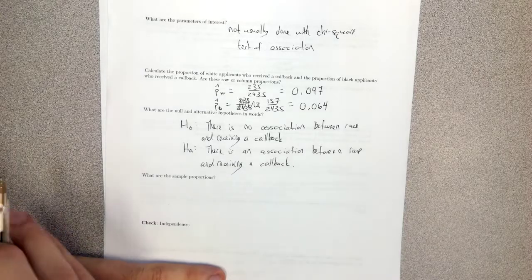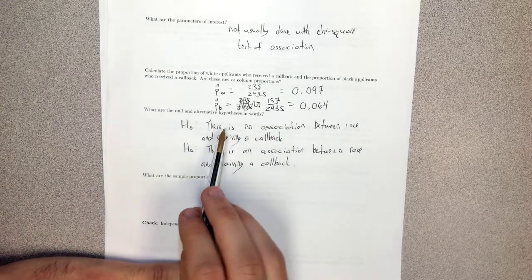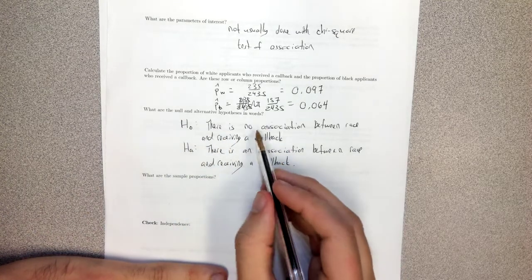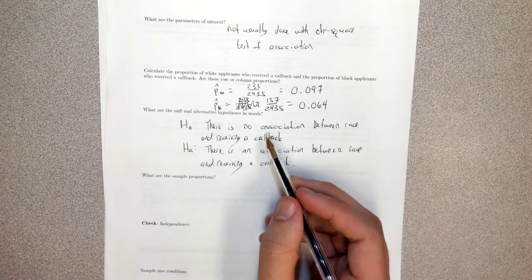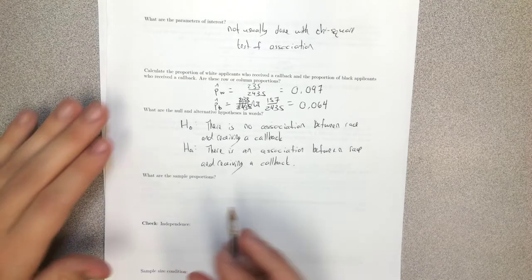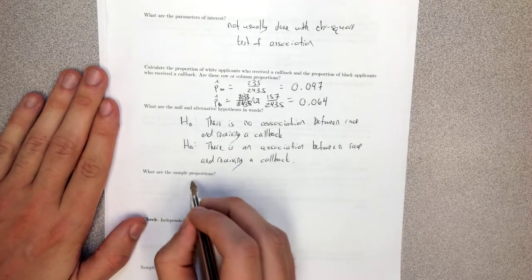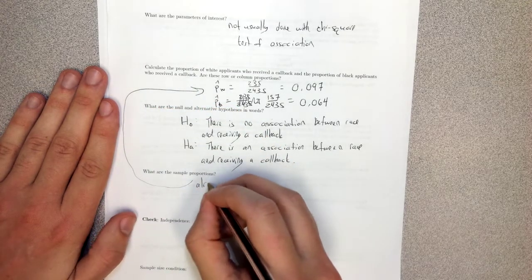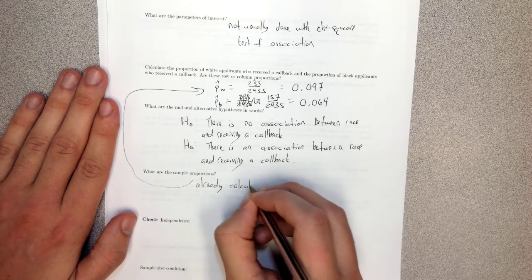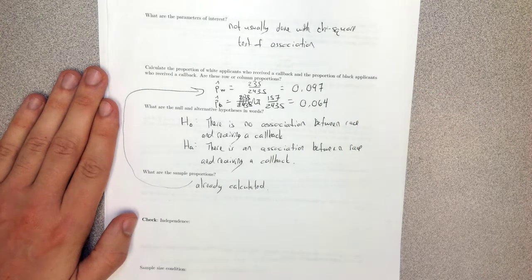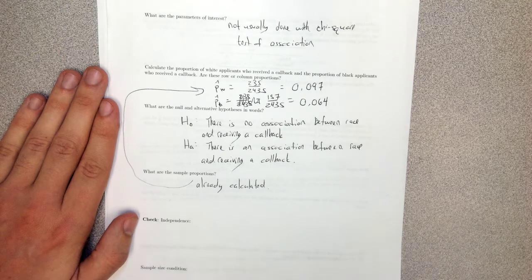This goes way back to when we started talking about null hypotheses. We said that they were usually going to be a statement of equality, which is what we've dealt with before, or of no association if there's more than one variable of interest, which is what we're dealing with now. Just to make a note, these sample proportions we've actually already calculated above. They're nice as a descriptive statistic of our data, but we won't actually end up using them directly in the calculations for our test.